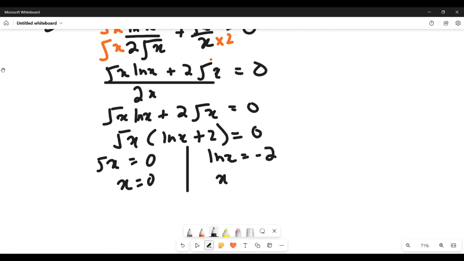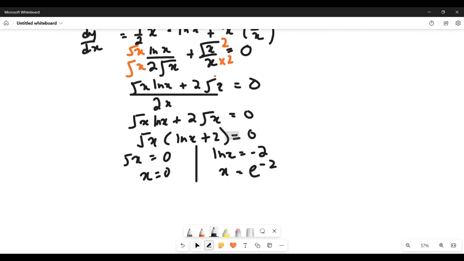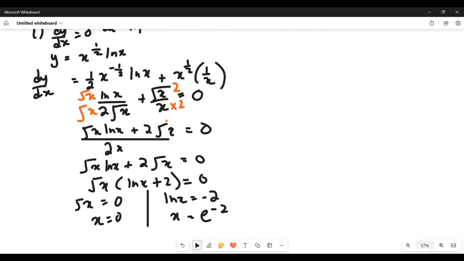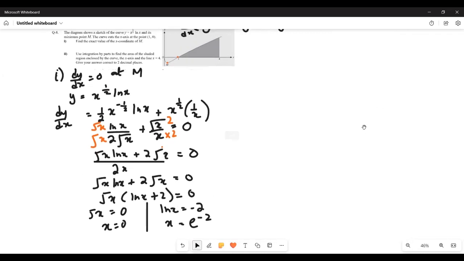Ln goes to the other side, so it becomes e power minus 2. So the x coordinate of M, the minimum point, is e power minus 2.